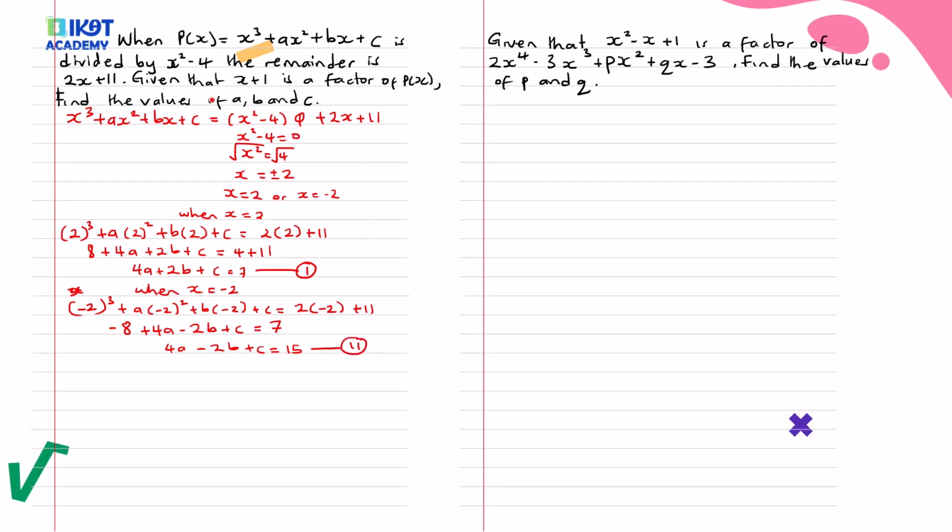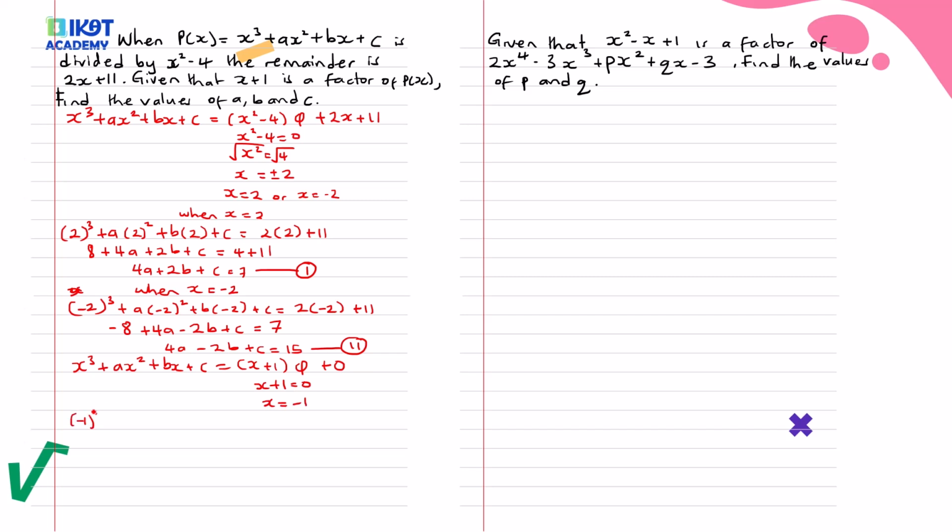Then the question also told us that x plus 1 is a factor of that same expression, x cubed plus ax squared plus bx plus c. Since this is a factor, the remainder will be 0. So x plus 1 equals 0, x is -1.